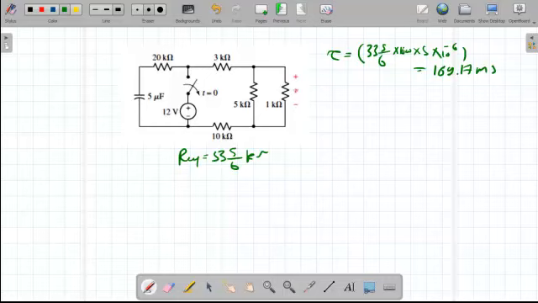Now V0 minus, we cannot use it for the expression of V(t), because of the voltage across this resistor. Here we should use V0 plus, the voltage across this capacitor. When the capacitor was charged, the switch was closed, so no current here, so the voltage on this capacitor is 12 volt.